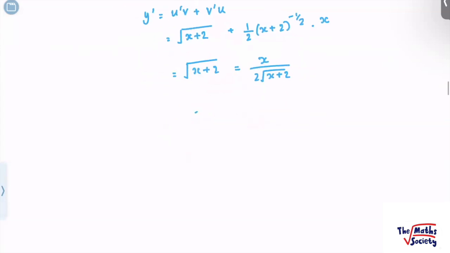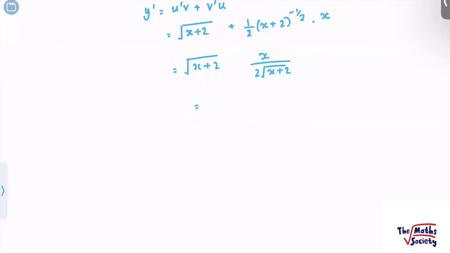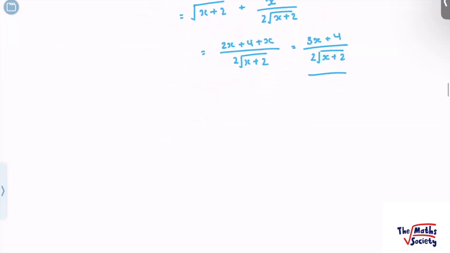So you just multiply them: 2 times (x plus 2) plus x, you'll get 2 root x plus 2 underneath, and that's just going to be 3x plus 4 divided by 2 root x plus 2. Yep, so we've got this.